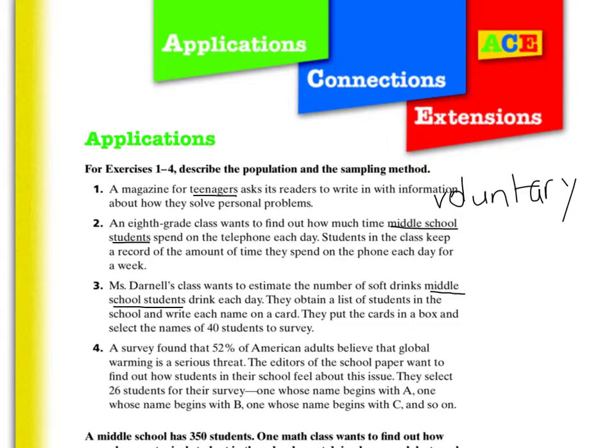And 40 cards are going to be chosen from a box containing cards with the names of all the students in the school. So that is going to be just a random sampling. It's a random sampling of 40 students.